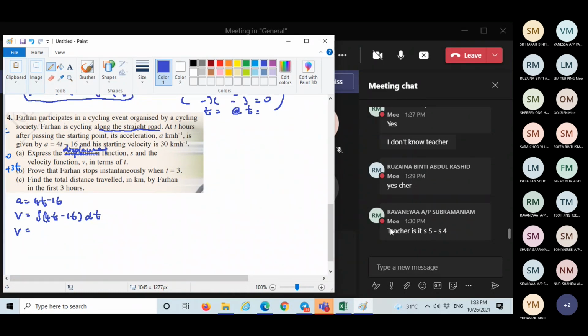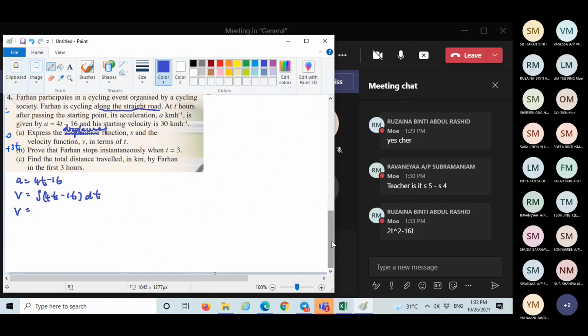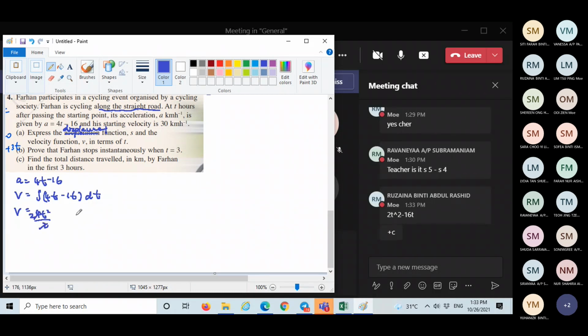Rosaina still here? I check your answer. 4t squared over 2, so this is 2t squared. Then this is minus 16t and then plus c.